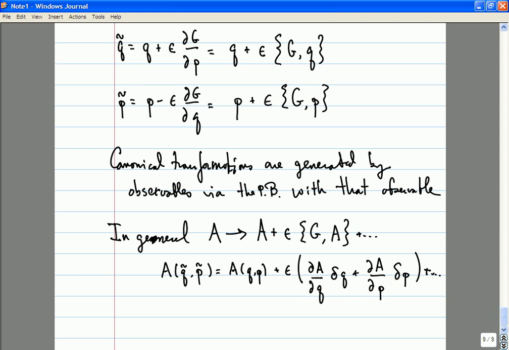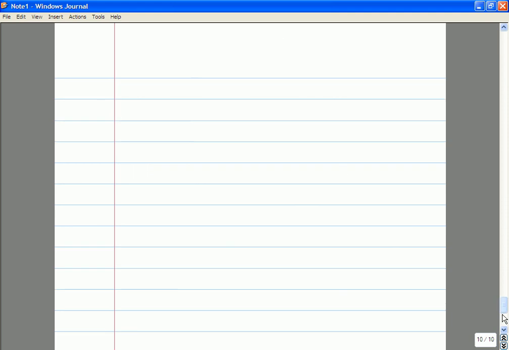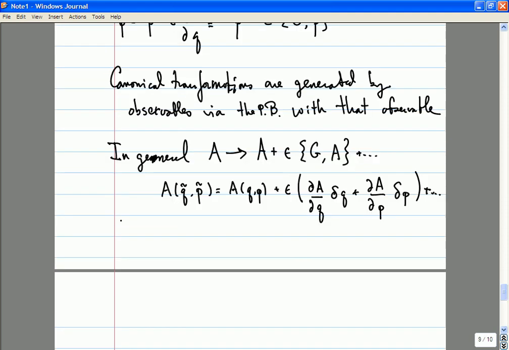Now what about symmetries? So a symmetry is a canonical transformation which preserves the Hamiltonian form of the equations of motion.